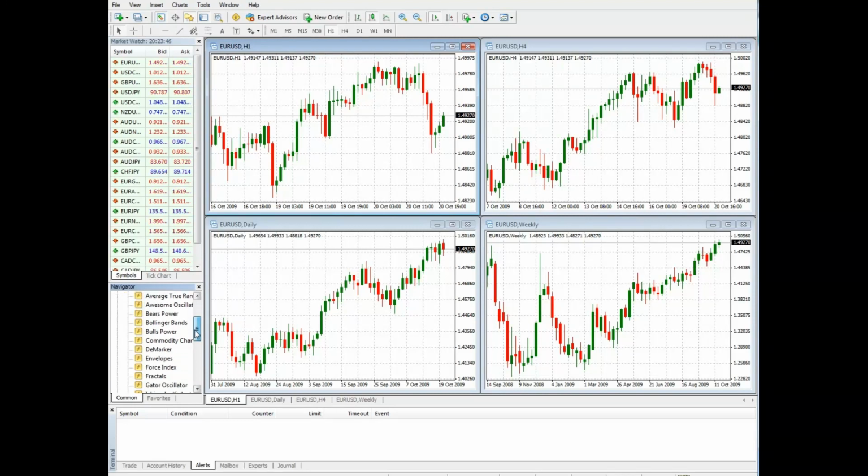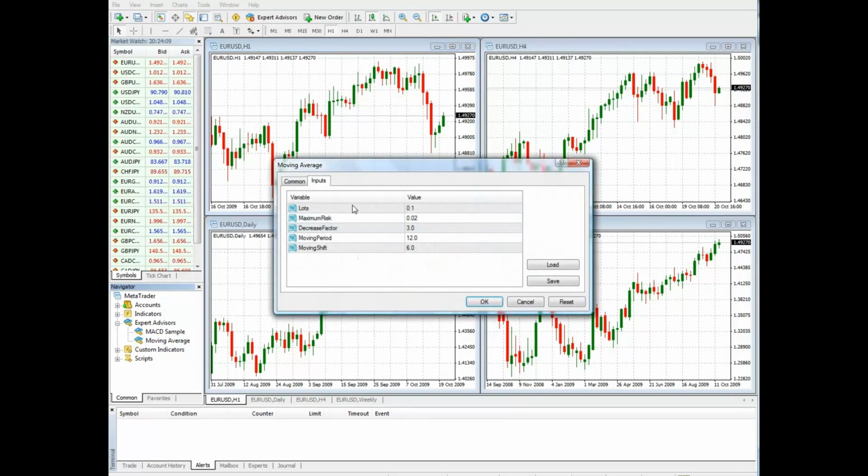Since we're here, let's pop in and take a moving average expert advisor, and to get an expert advisor activated, you simply left click, drag it, and place it on the chart.